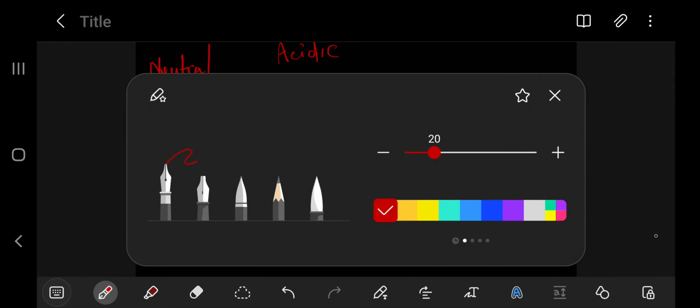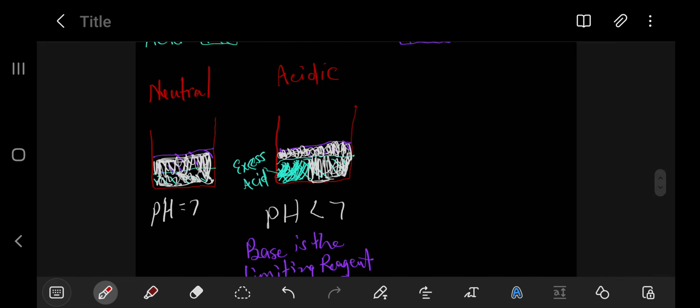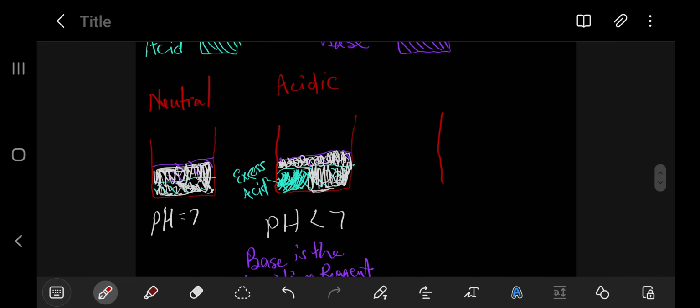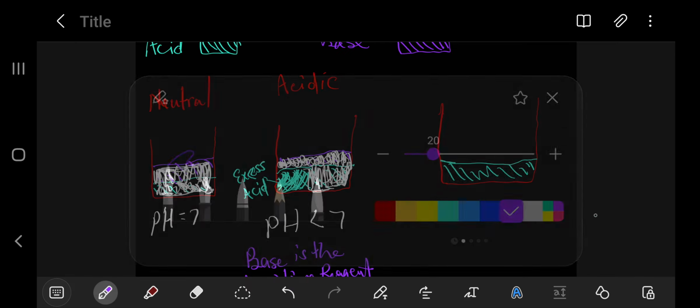And then the last situation, you have your container here, right? And you pour all the acid inside, okay, and then you pour your base inside.